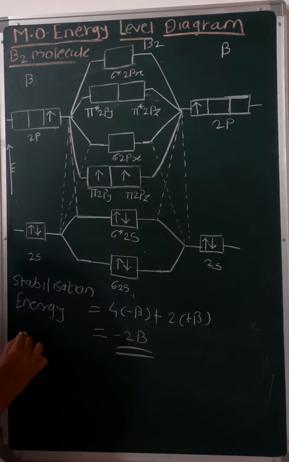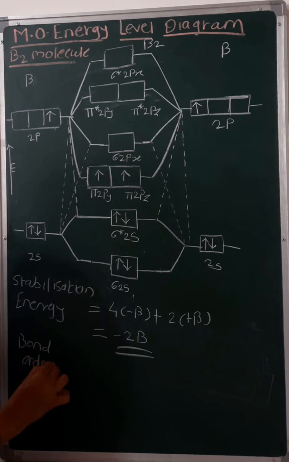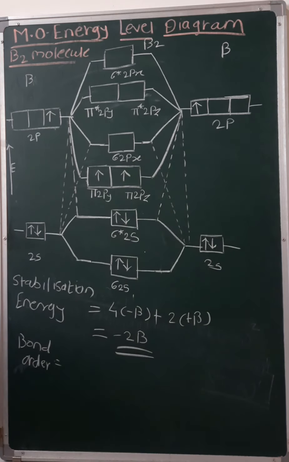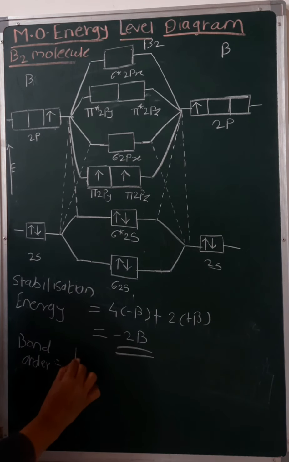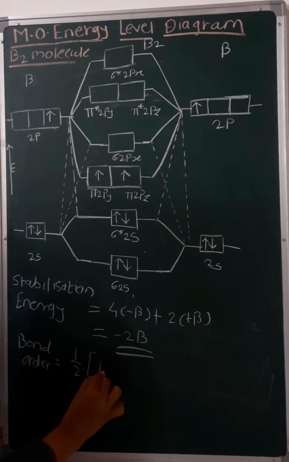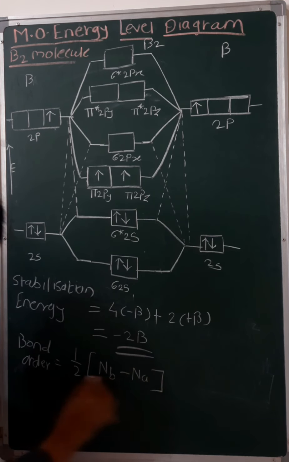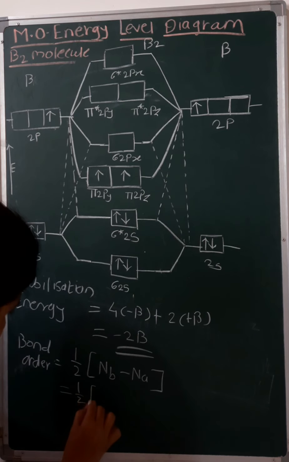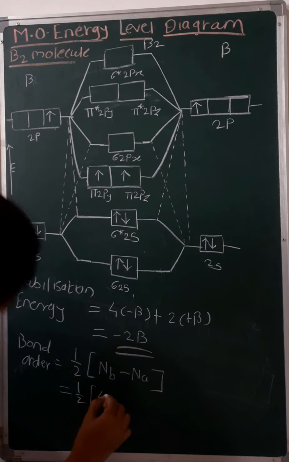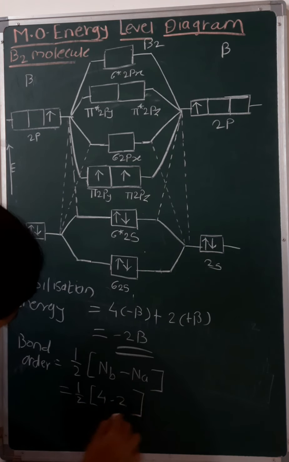The next point is the bond order. We know that the formula for bond order is 1 by 2 into the number of electrons present in bonding molecular orbitals minus the number of electrons present in antibonding molecular orbitals. 1 by 2 into 4 electrons in bonding molecular orbitals and 2 electrons in antibonding.